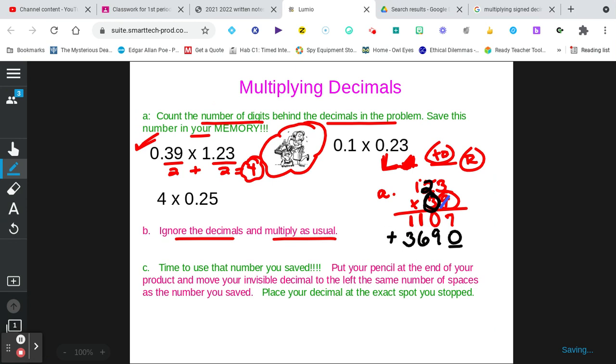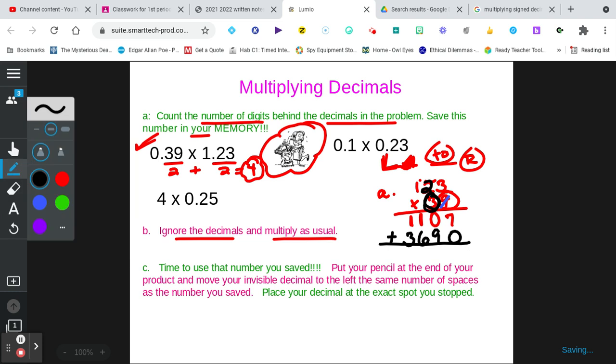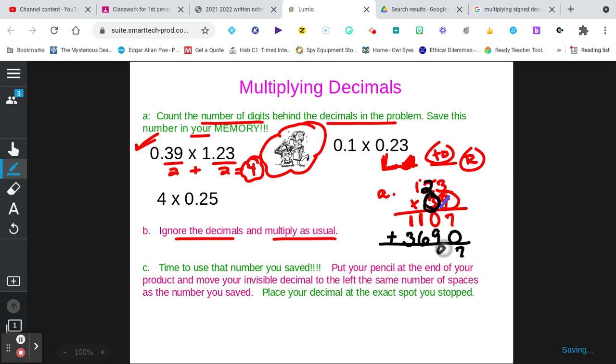I'm just going to add up what I have. 7, 9, 7, and then that's 4. So when I add up, that's what I have. So now multiply by the 9 and the 3. Put the 3, the 2, and the 1.